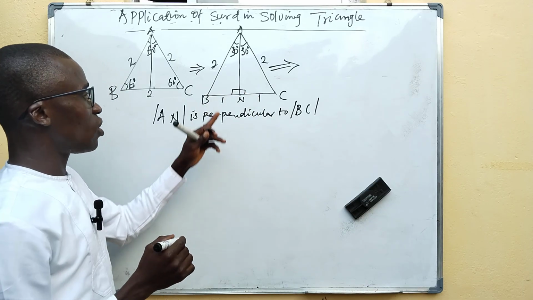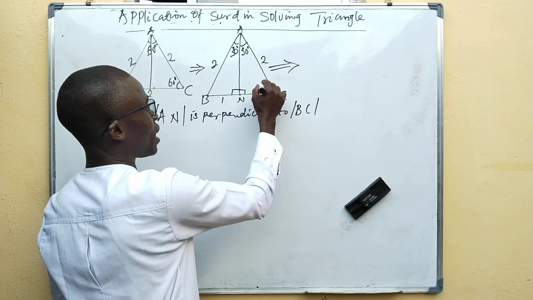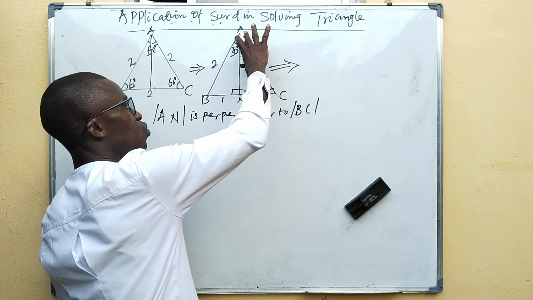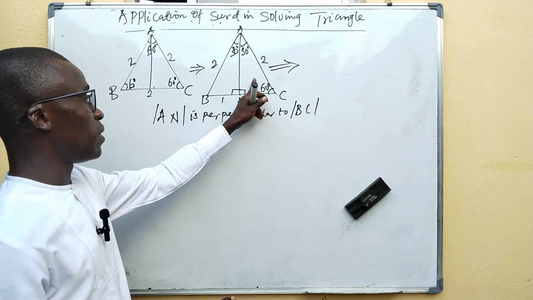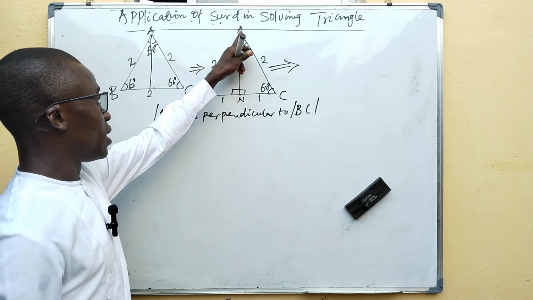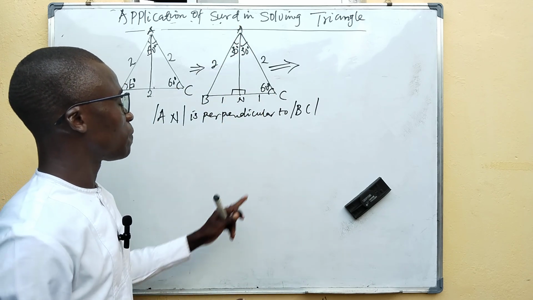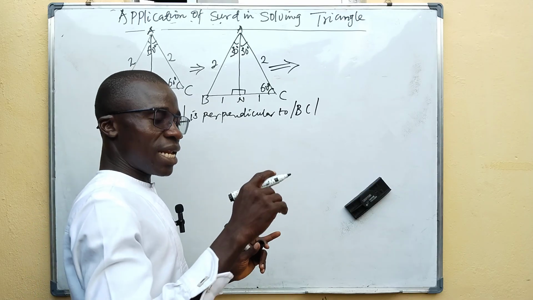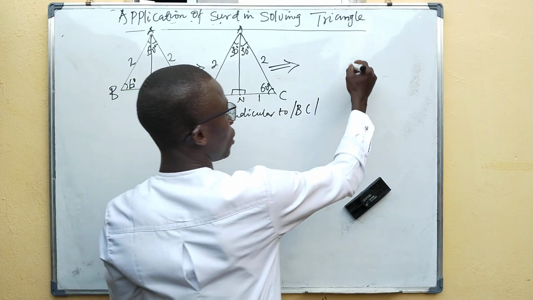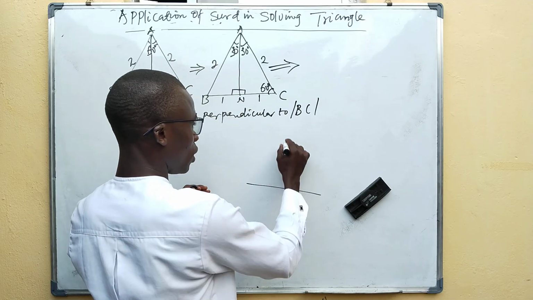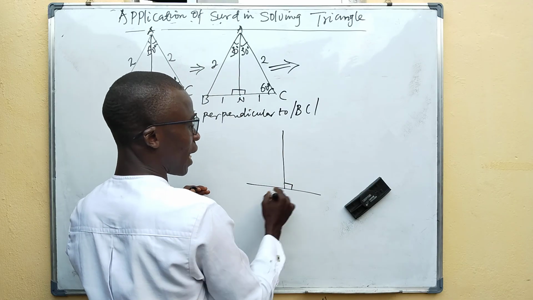Remember we've established that here is 60 degrees. So supposing we are bringing out one right angle triangle now, because this line is perpendicular to this. A perpendicular line is a line that meets the other line at a point at a right angle.